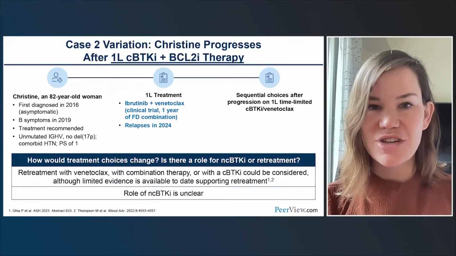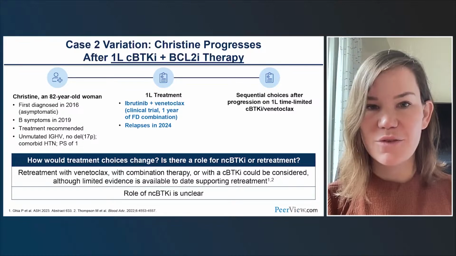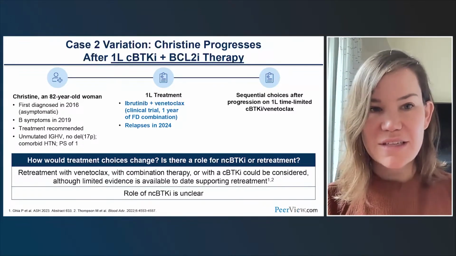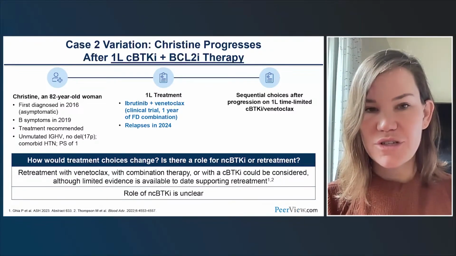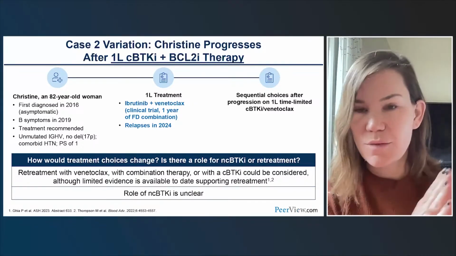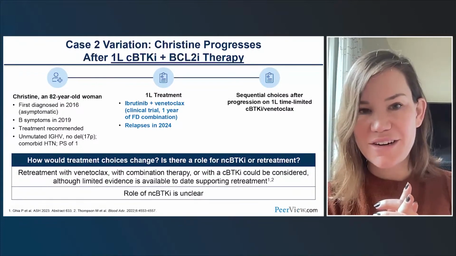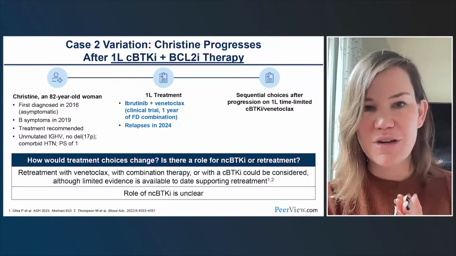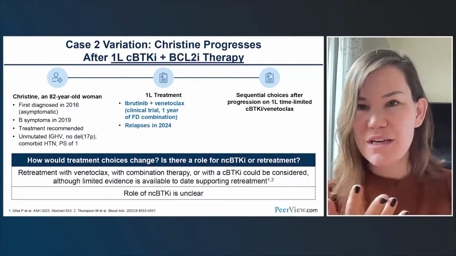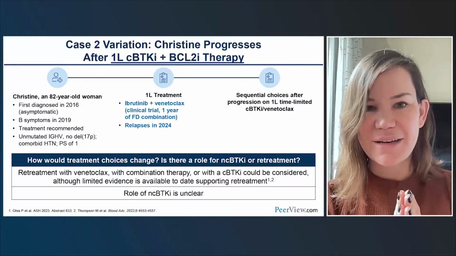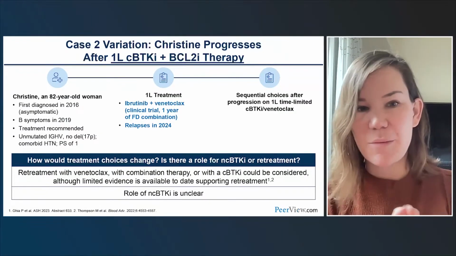It's a fixed duration of both ibrutinib and venetoclax over the course of a year. This is what she received, but unfortunately she relapsed in 2024. Assuming she started treatment in 2020 and was on the therapy for about a year, 15 months if you include the ibrutinib lead-in, she's had about 3 years between ending treatment and now progressing.